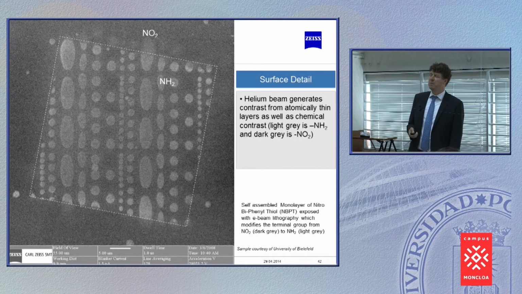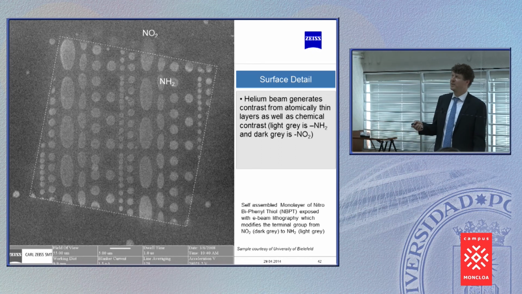So this is an NBPT film, a monolayer of nitrobiphenylthiol. I don't know what this is, so sorry about this. But you see, this area is exposed via E-beam lithography, so they make this structure inside.